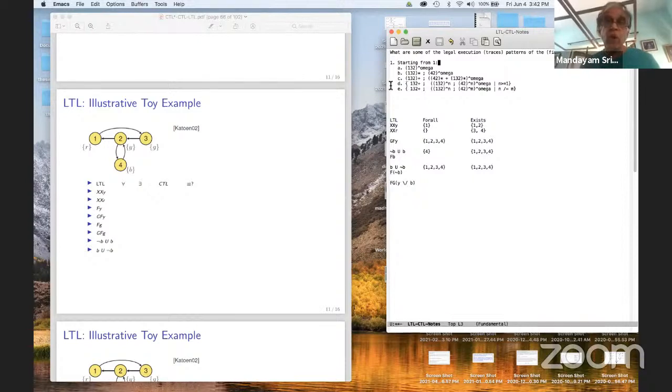Now, how about this one? Here I'm saying you start with a finite prefix of 1, 3, 2 repeated 1 or more times, followed by 1, 3, 2, 4, 2, followed by 4, 2 repeated an equal number of times.